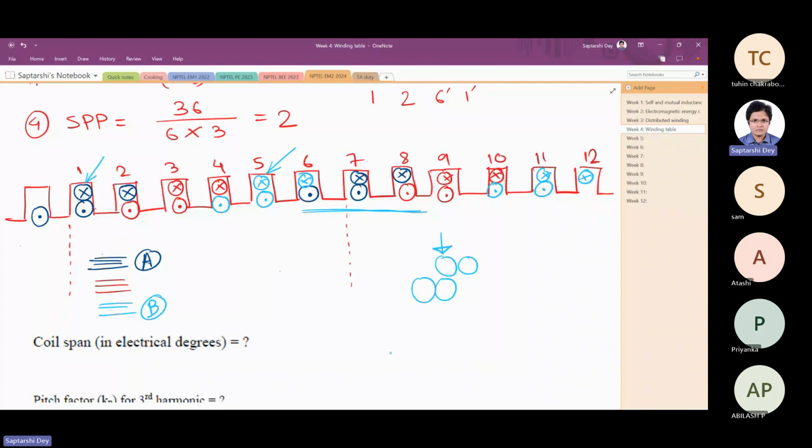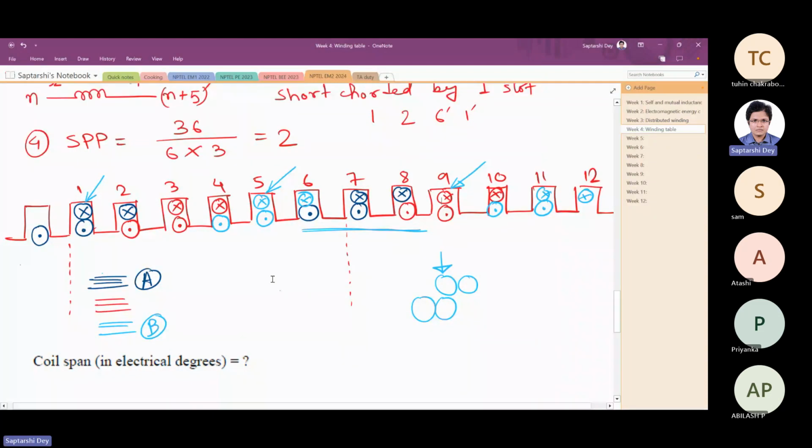Next phase, and if it is this, so deep blue, light blue, then comes red, this one. So 159 we have in the winding table.